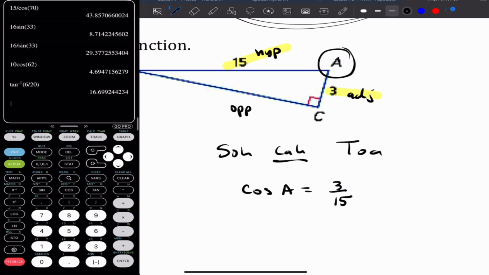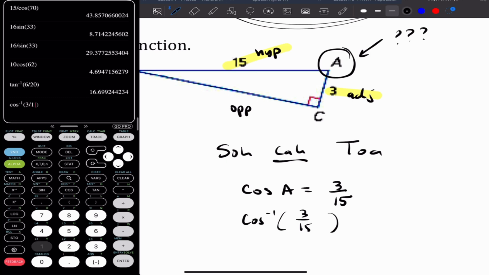Okay? Again, I need to figure out how long measure angle A is. So I got to undo the trig function, and in order for me to do that, I got to press second, then the function that I'm dealing with, which is cosine. So you have to have cosine inverse, and then you're going to input the ratio inside.